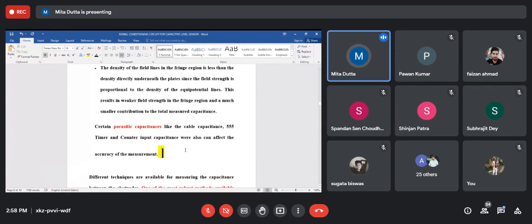Now, here we are using the 555 timer. I have told you previously that it is an IC chip and the cost is very low.